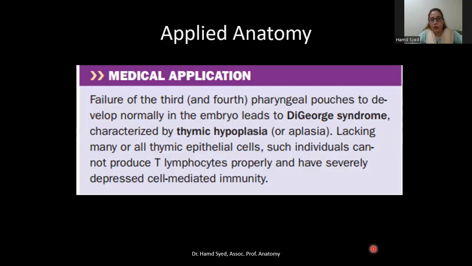If they do not develop normally, there is going to be aplasia, that is the absence of, or hypoplasia, which means underdevelopment of the thymus gland. And if the thymus gland is underdeveloped, we know that the T lymphocytes will not be produced properly, and obviously the immunity will be affected, and this causes higher susceptibility to infections in individuals suffering from DiGeorge syndrome.